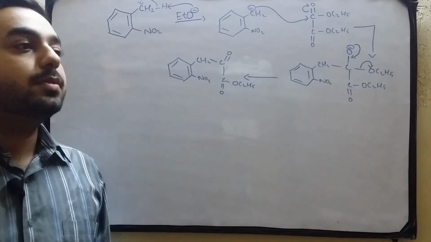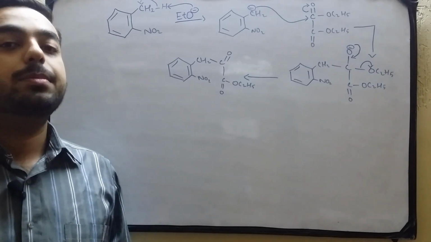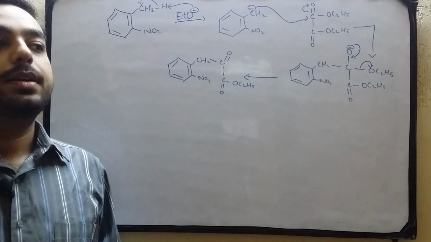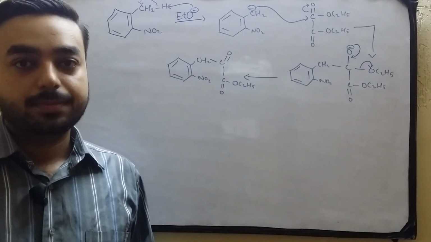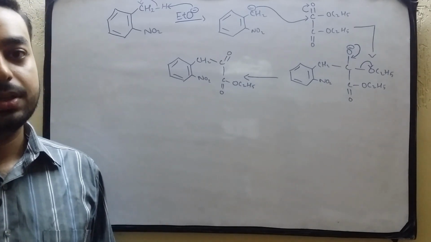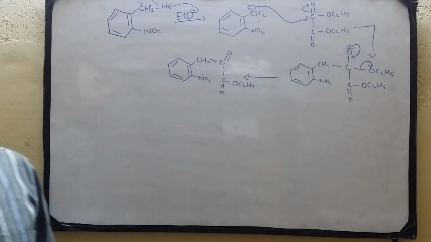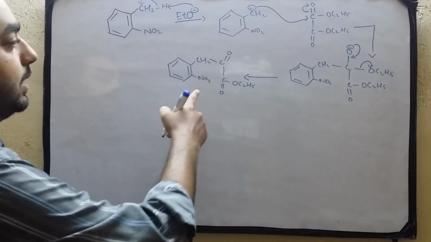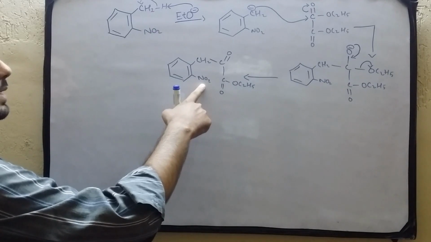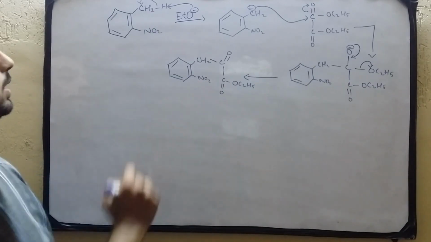In the process of reduction there can be three processes: removal of oxygen, addition of hydrogen, or gain of electrons. So here this nitro group will be converted into amino group.